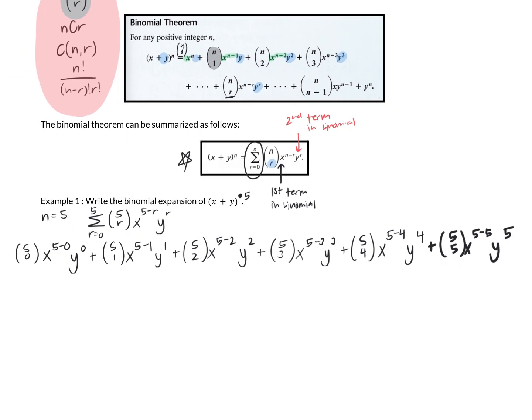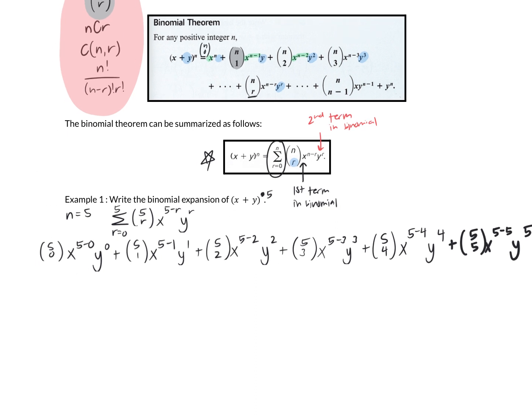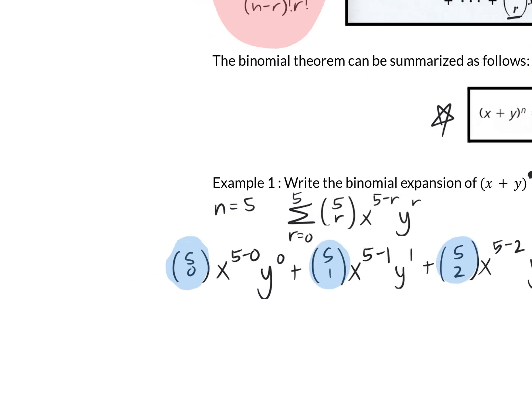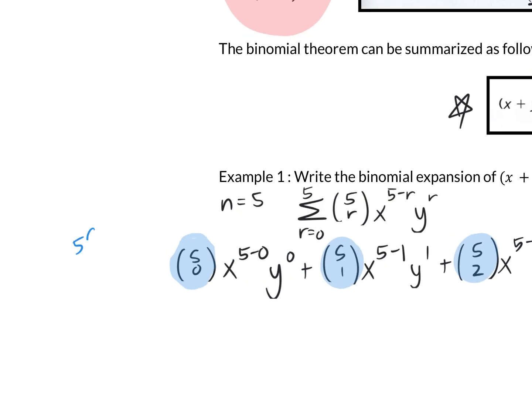Okay, now let's simplify all these things. I can simplify all of these, 5 choose 0, 5 choose 1, 5 choose 2, 5 choose 3, 5 choose 4, 5 choose 5, either by using your calculator and typing in 5 choose 0, 5 choose 1, 5 choose 2. Or where else could we look?